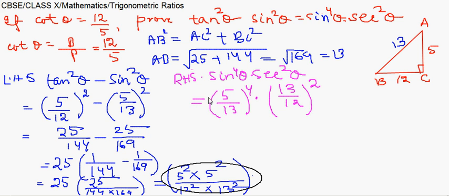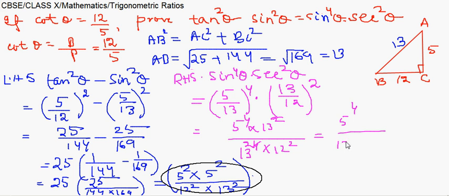So I'm getting 13 by 12. Now if I write 5 to the power 4 into 13 to the power 2, here it is 13 to the power 4 and 12 to the power 2. So this gets cancelled out with this. In the numerator it becomes 5 to the power 4 by 13 to the power 2 and 12 to the power 2. That gives me the left hand side is equal to the right hand side. We have proved it successfully.